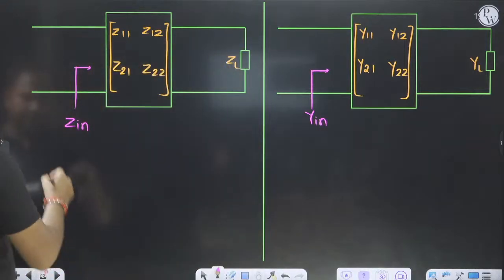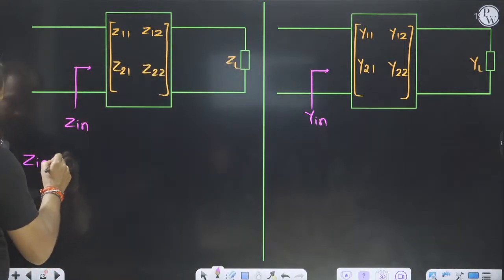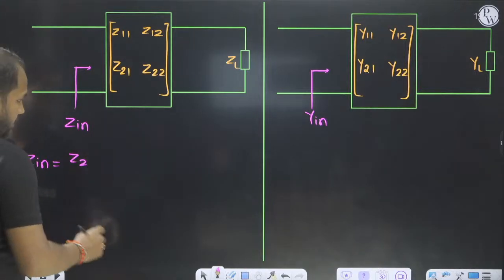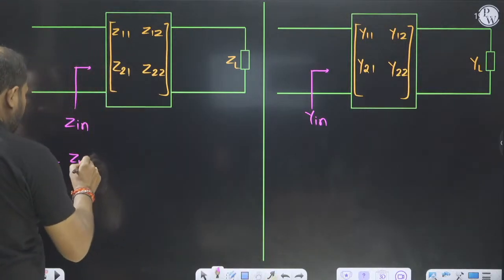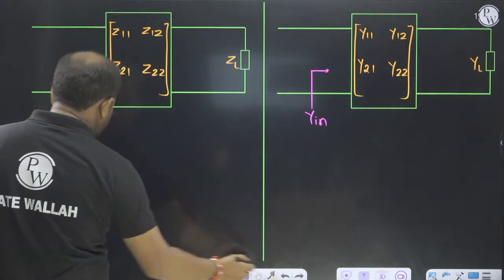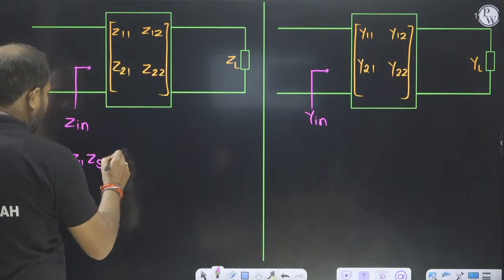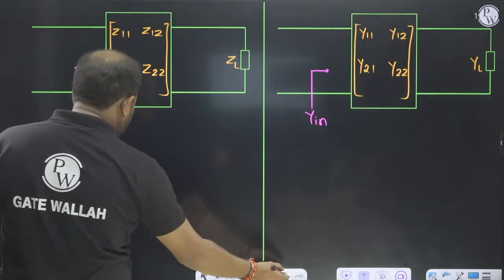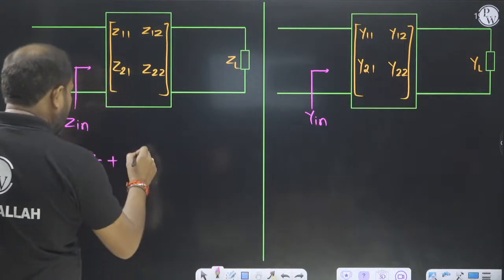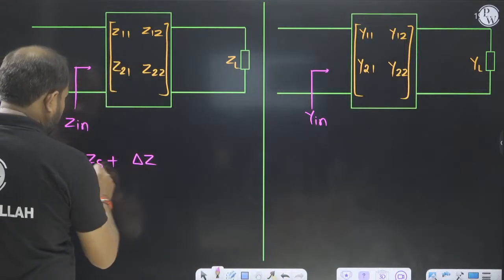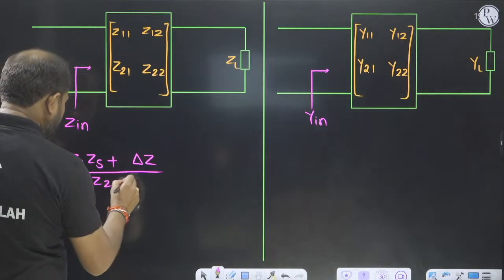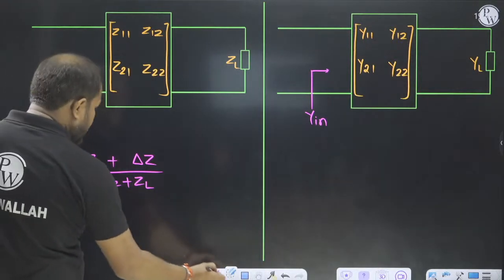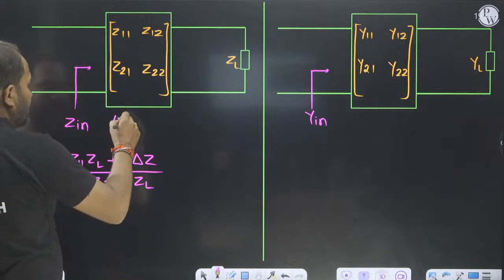So what is Zin here? Zin will be equal to Z11 into Zs plus delta Z, divided by Z22 plus ZL. What is delta Z?